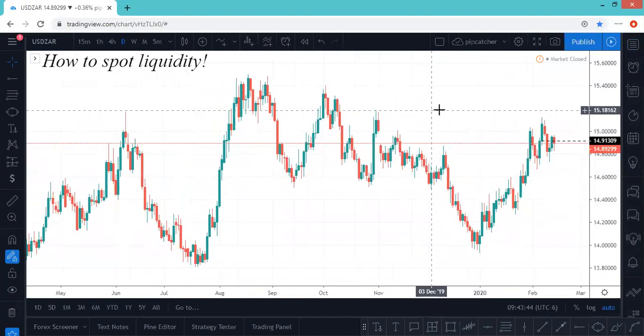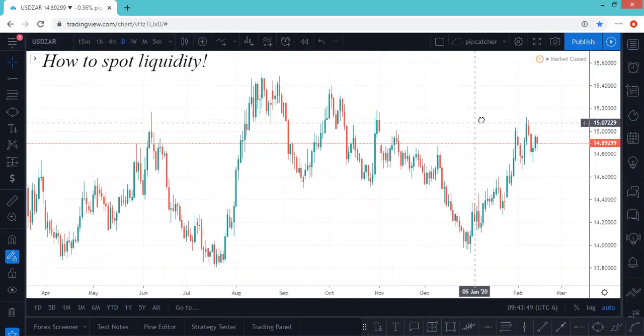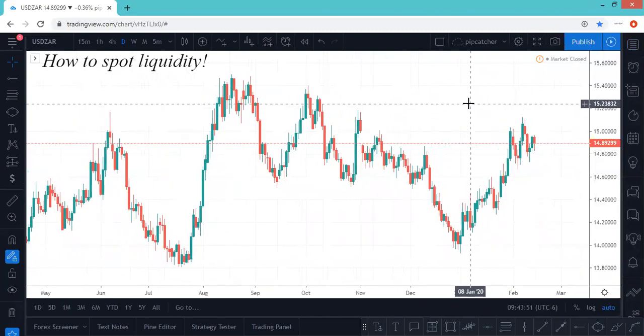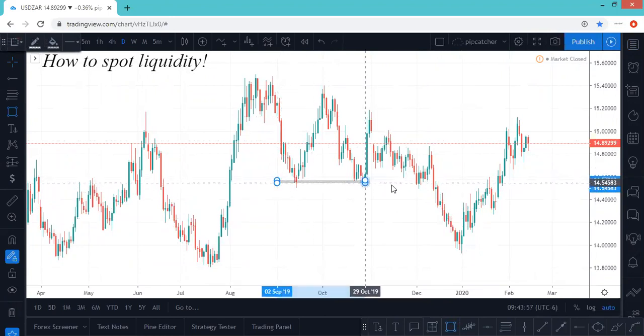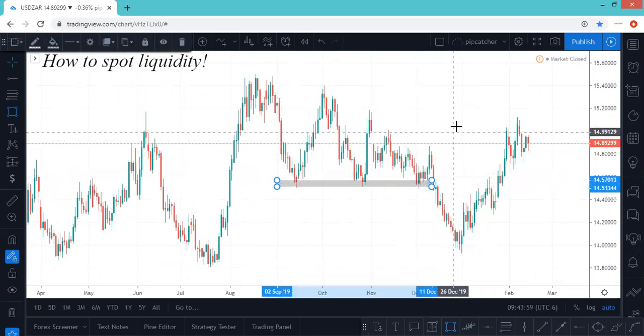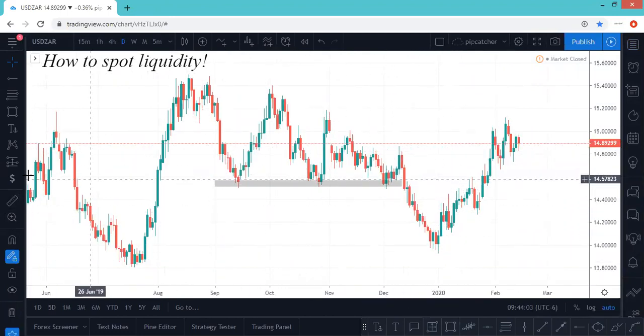So here we have an example on USDZAR, a beautiful area where we can find liquidity, right? You see this, as they would say, pretty strong support.